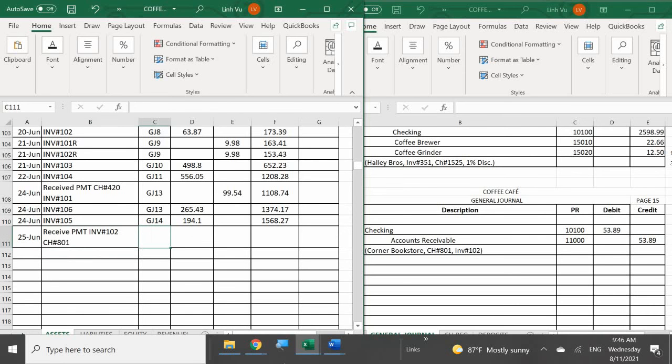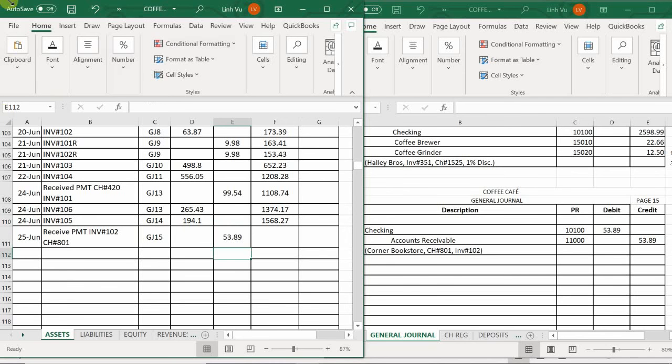General journal 15. And we're going to credit 53.89. So our new total is 1514.38. Okay.